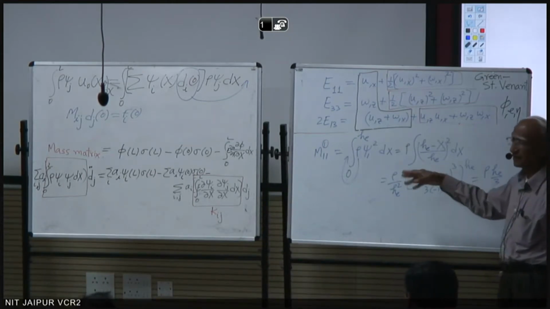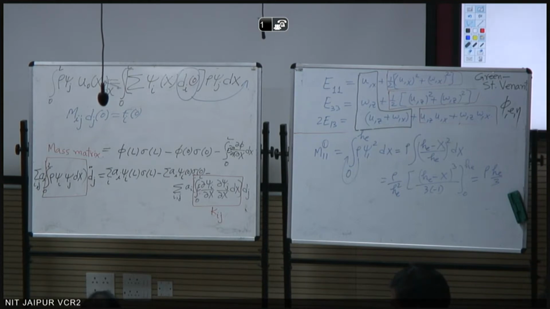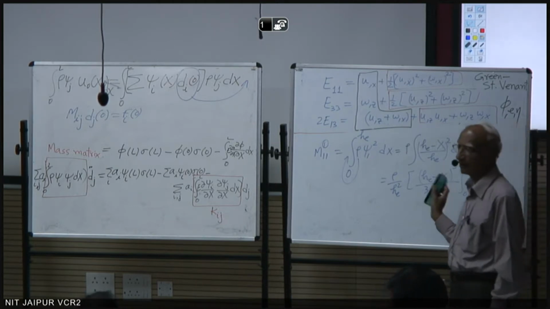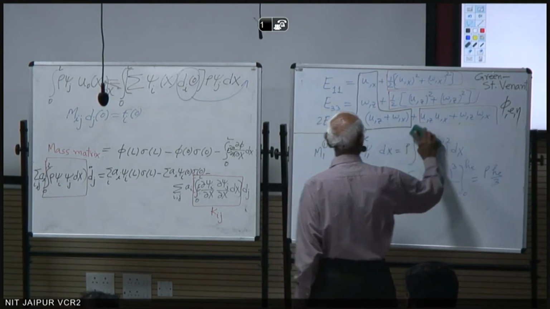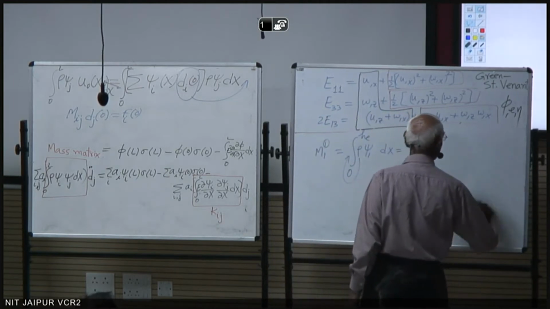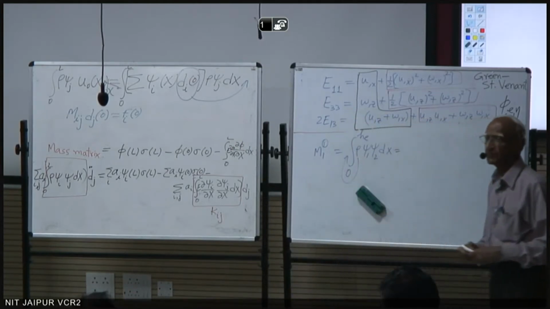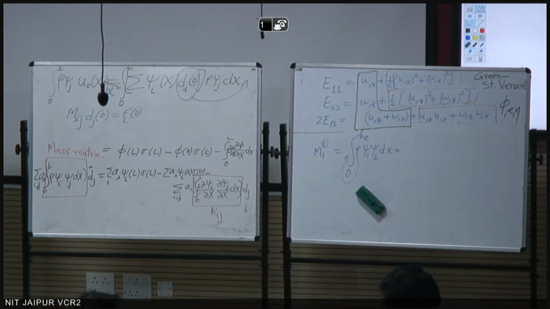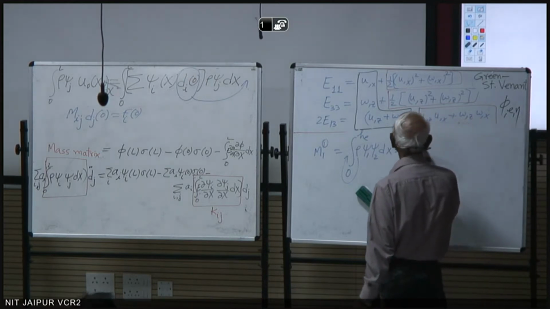So I'm going to raise it and then write M12. That will be rho times psi 1, psi 2. Again, rho is outside.